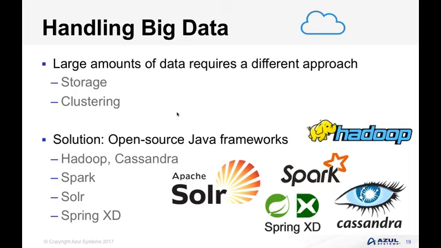NoSQL databases, those types of things. So we're not restricted just to the traditional way of doing things with a traditional RDBMS, Relational Database Management System. And then there's other tools. There's things like Spark for streaming data, Solr. There's also Spring XD, which has been designed for large amounts of data and big data type projects.